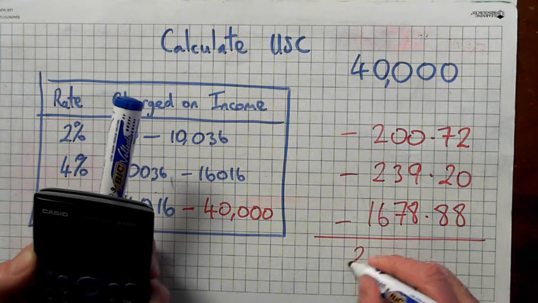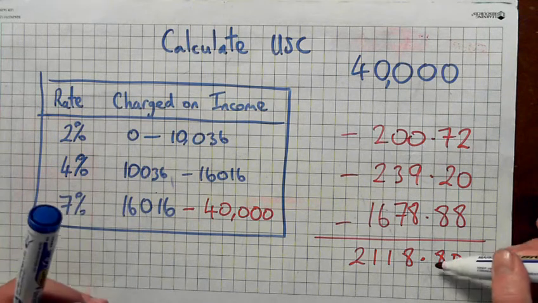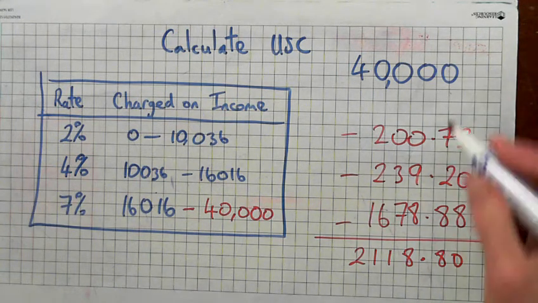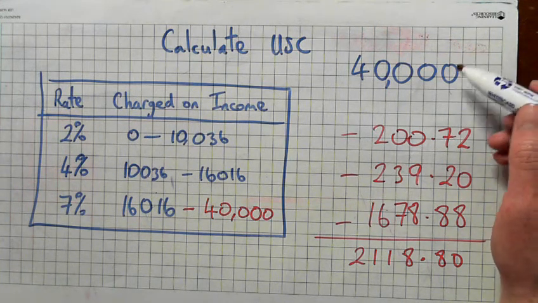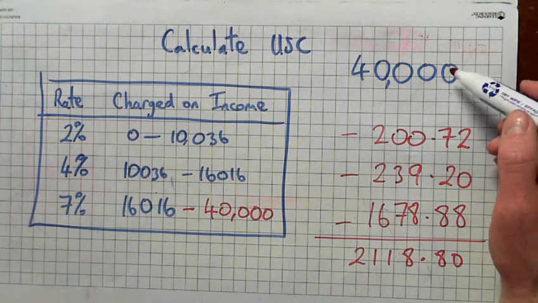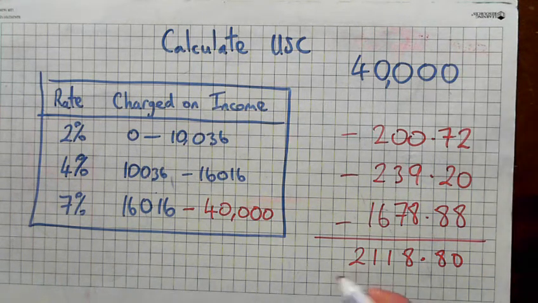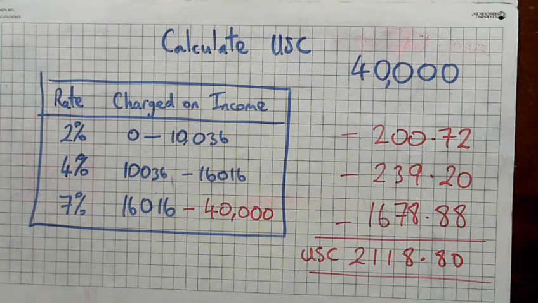So the USC that I pay is 2118.80. So I'm going to be subtracting that away once I take away my tax from my 40,000. So once I calculate my 20% tax and 40% tax and take that away, I'm going to be subtracting USC off that amount.